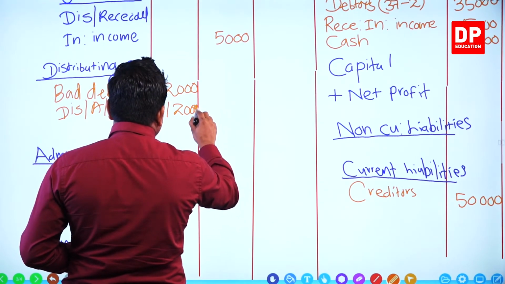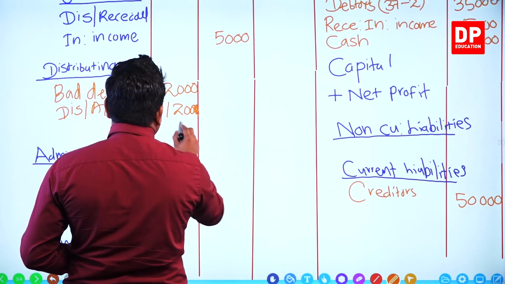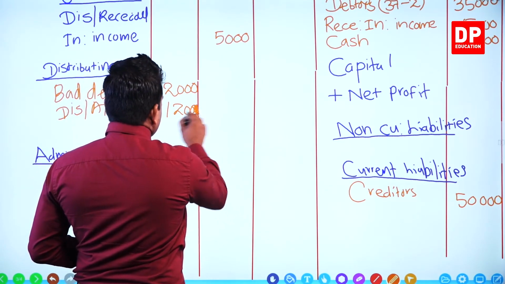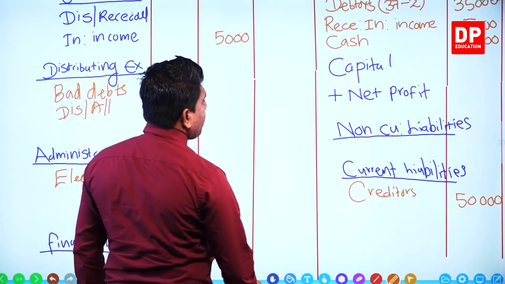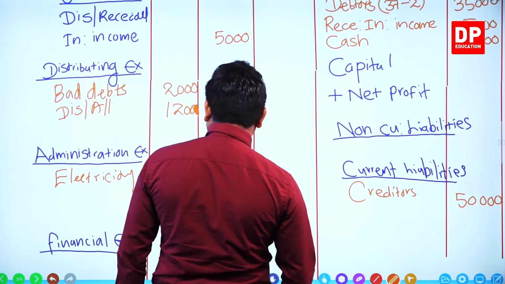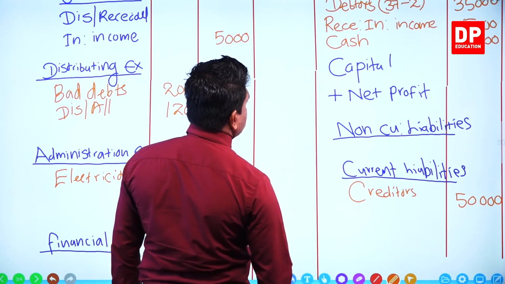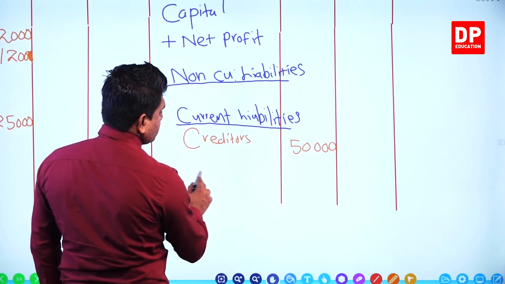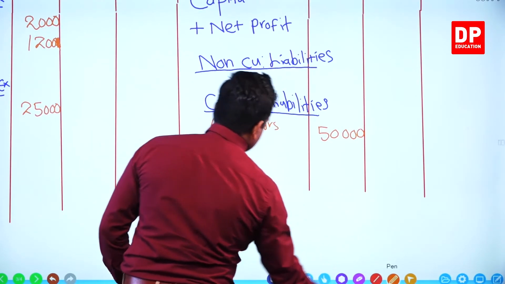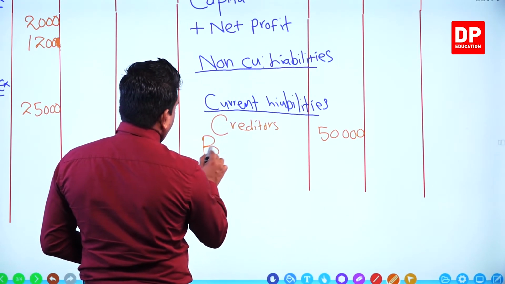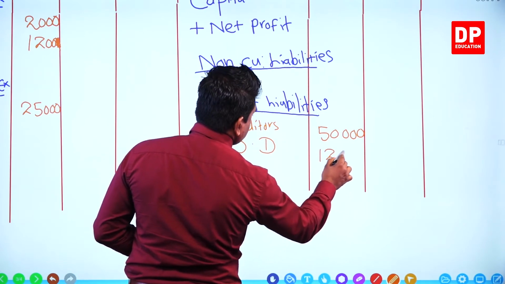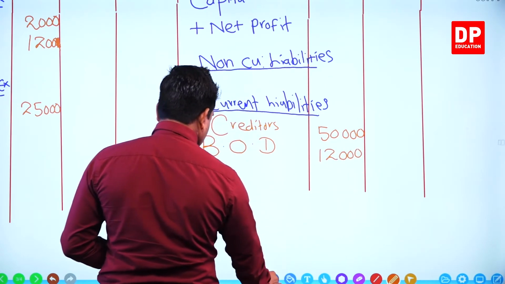This should be how much? Yeah, it should be 1200, right? Here, bank overdraft 12,000, current liability. Bank OD 12,000.